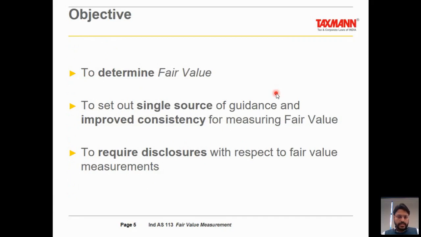There are certain guidelines prescribed by this standard which will be used to measure the fair value. Then there are certain disclosures which are to be presented in the financial statements. So the objective is very clear: standardize the procedure of measuring the fair value, and certain disclosures are required for the benefit of users of the financial statements.